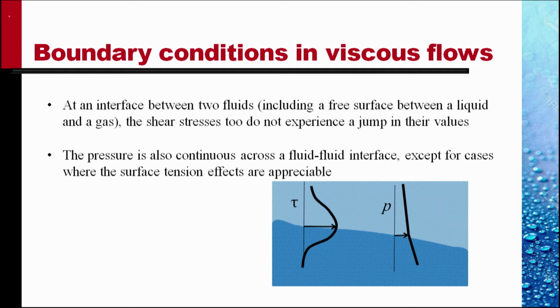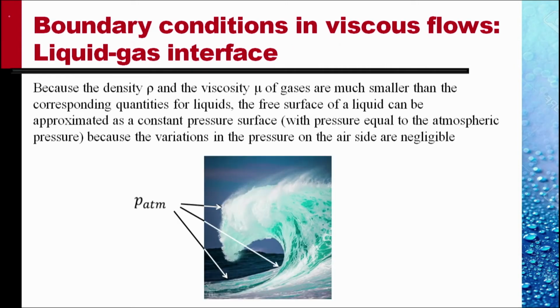In most of the flows in the rest of this course, we'll assume the surface tension to be negligible so that the pressure can be taken as continuous. At a liquid-gas interface, because the density rho and the viscosity mu of gases are much smaller than the corresponding quantities for liquids, the free surface of the liquid can be approximated as a constant pressure surface.